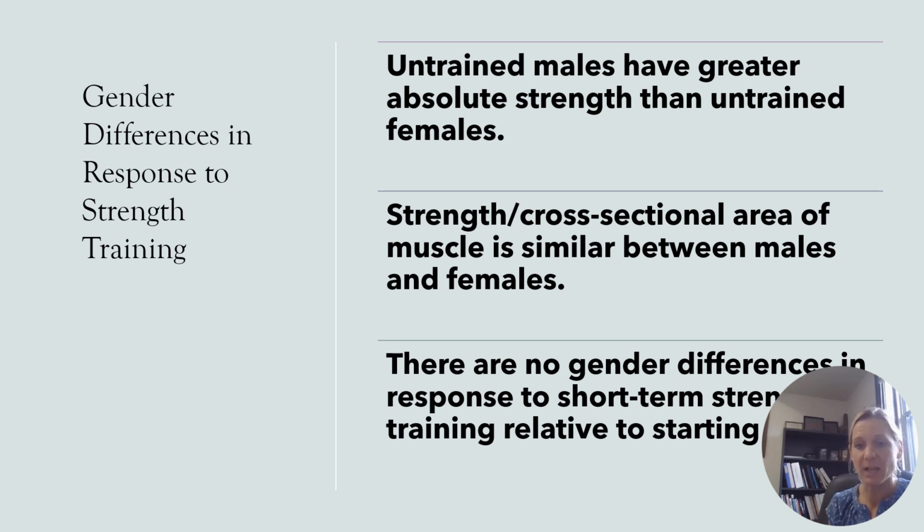So what I'm saying is even though women start out at a lower level in terms of absolute strength in comparison to their male counterparts, we are able to see the same progression, right? They will improve their strength at a similar rate relative to that starting point.